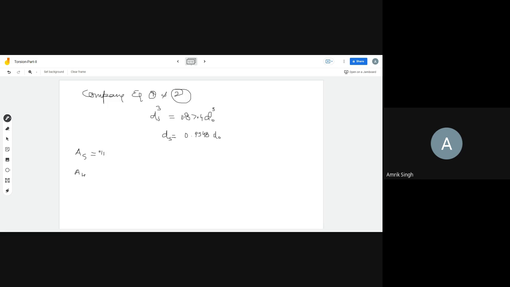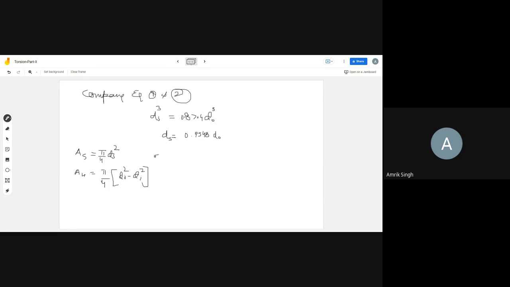It is pi by 4 DS square, and it will be pi by 4 into DO square minus DI square.